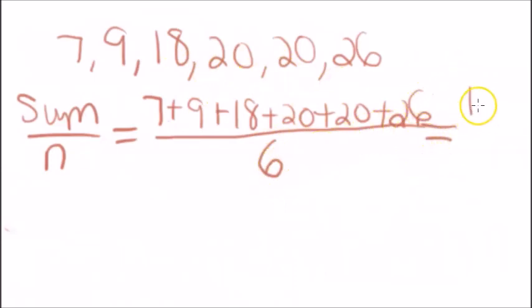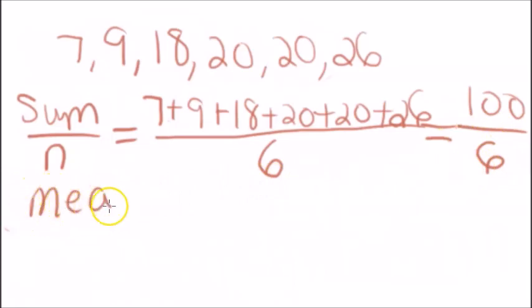So the sum of all those numbers is 100 over 6, which makes the mean 16.67 for this data set.